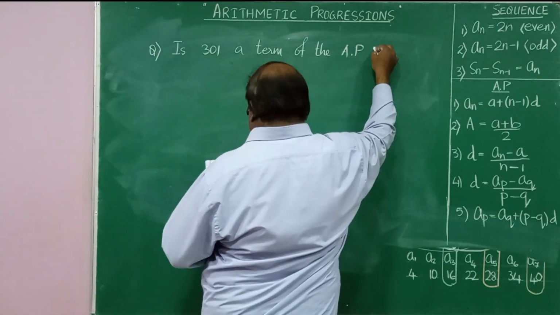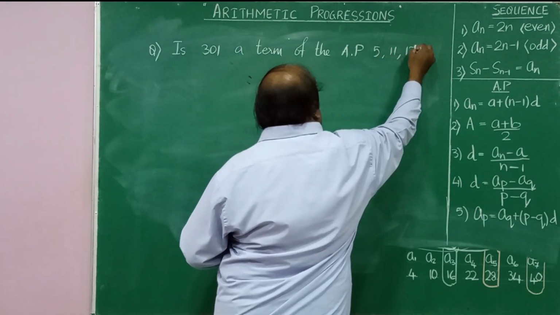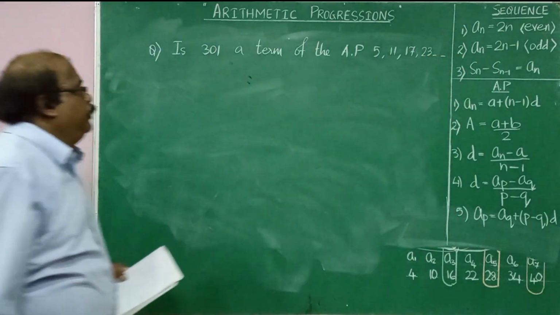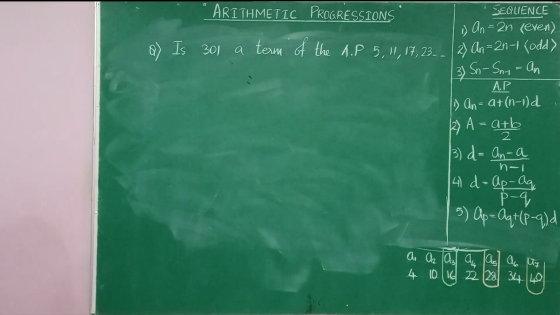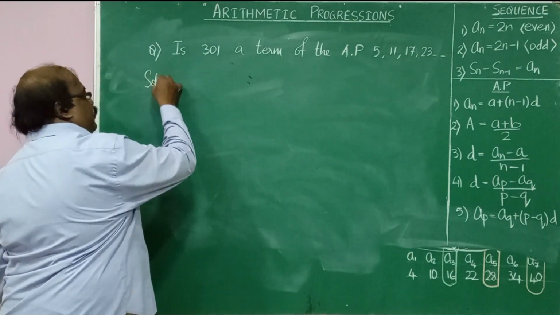The arithmetic progression is 5, 11, 17, 23 and so on. What's my question? Is 301 a term of the arithmetic progression? How do I start with the sum?